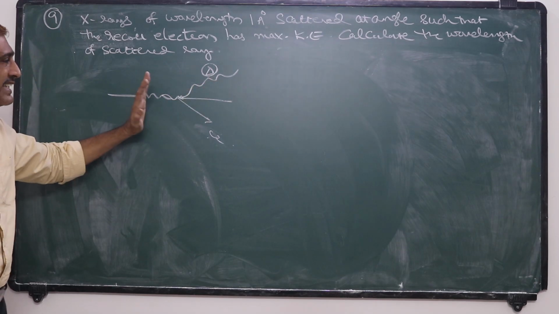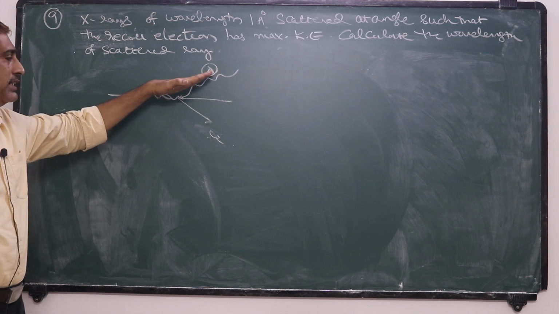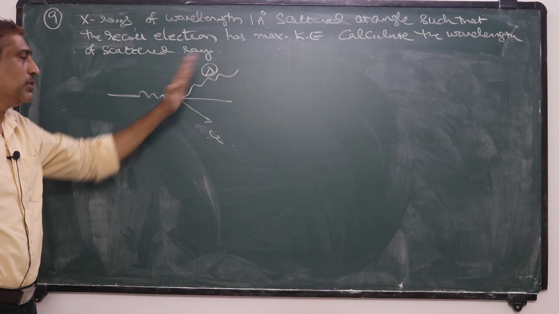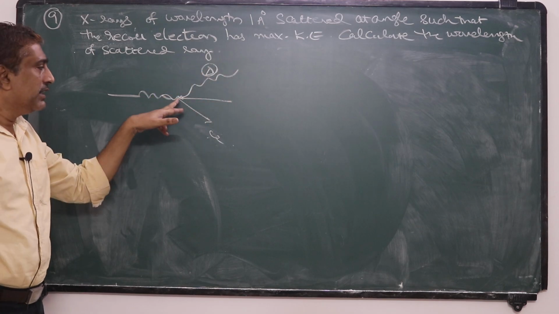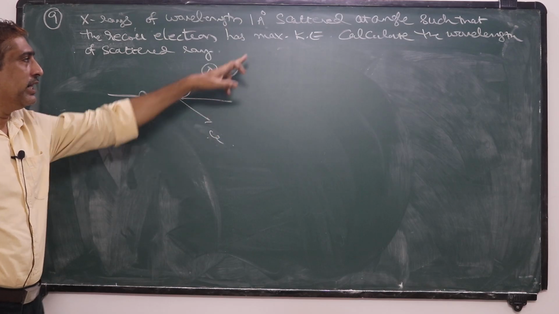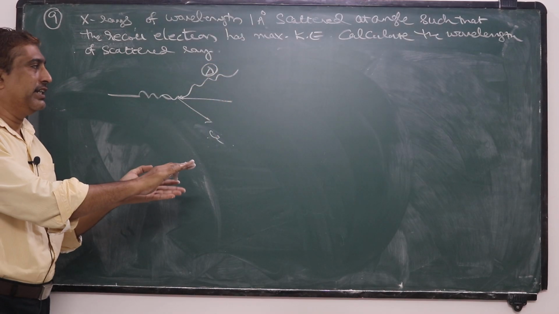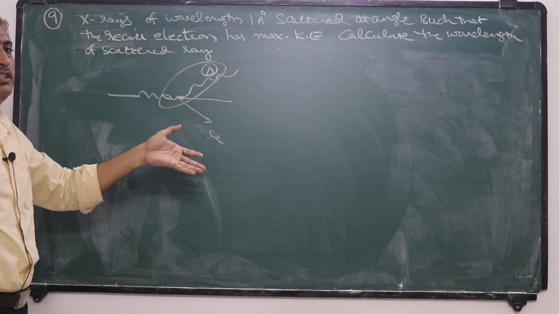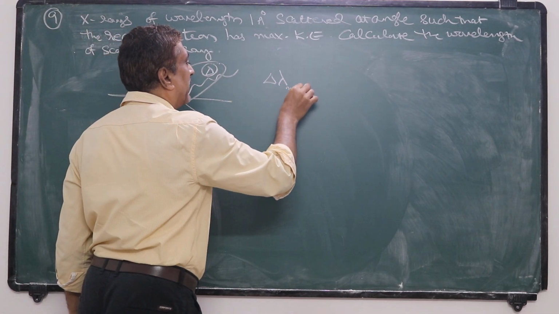If there is a maximum change in the wavelength of the scattered ray relative to the incident ray, then that energy is converted to kinetic energy of the electron. That means if the electron has maximum kinetic energy, the Compton shift is maximum.